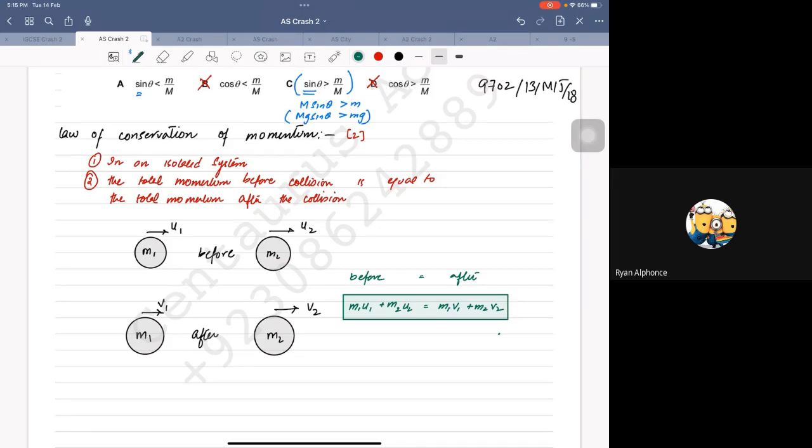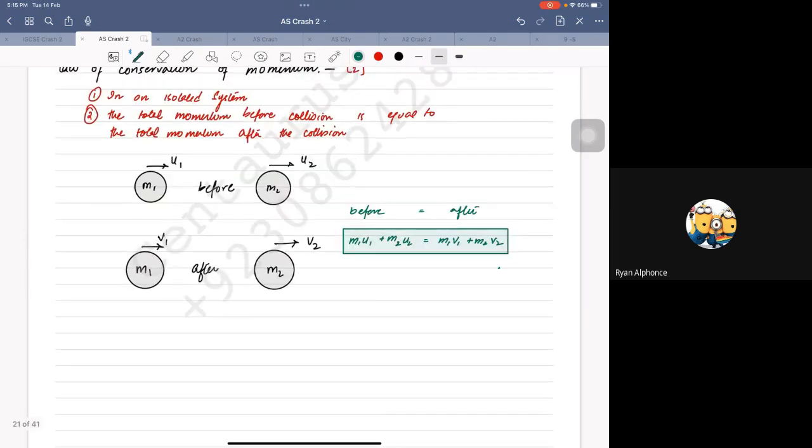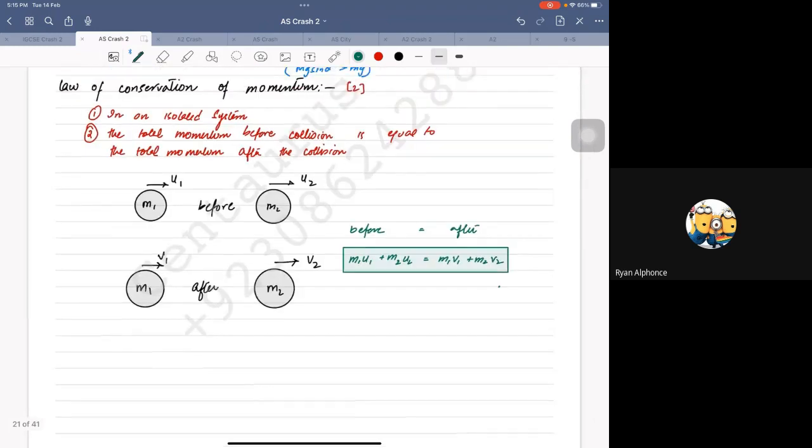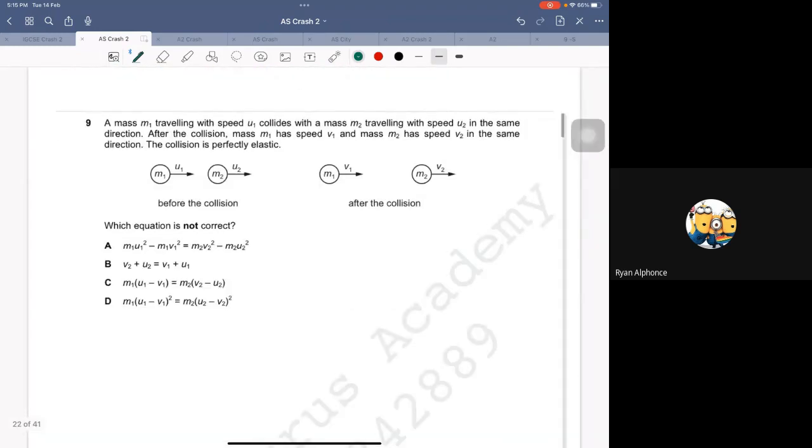The next thing we're going to understand is, suppose a question like this comes and they ask: a mass m traveling with speed u1 collides, and it says which equation is not correct.